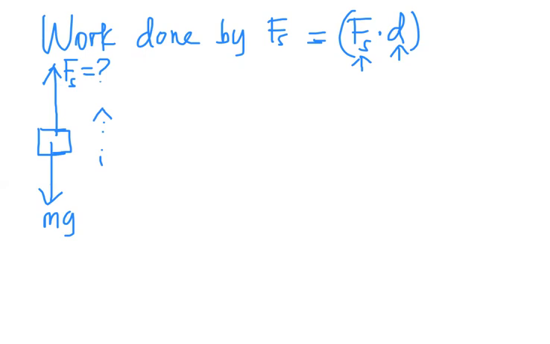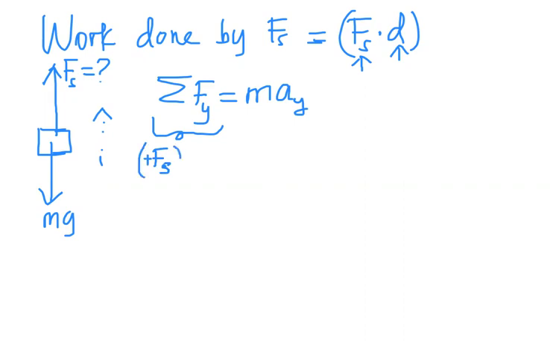That will be wrong. But I can apply Newton's second law of motion, which says that the net force in the y direction is equal to mass times acceleration in the y direction. The net force here is given by the addition of the two forces. There is a support force which acts upward, and I add the gravitational pull which acts downward, minus mg. That must be equal to m times acceleration in the y direction.